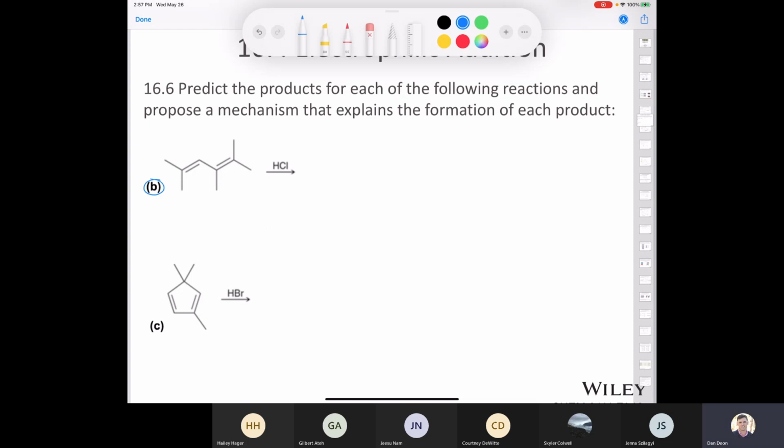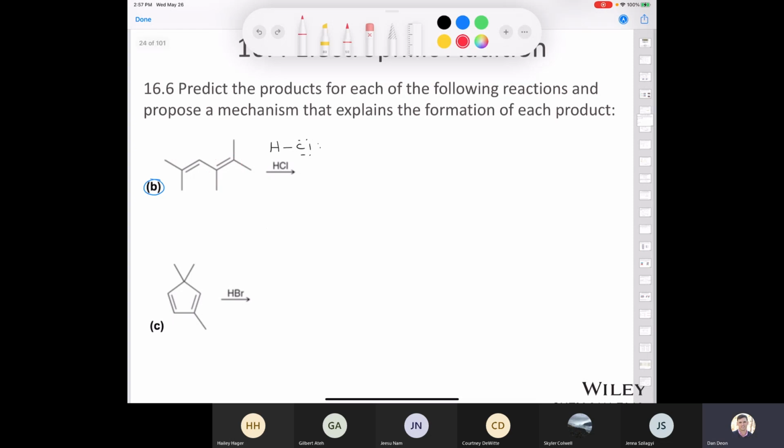All right, so what's going to happen here? First, I need to redraw my HCl molecule like this. Well, let's just start over here. Let's start with this double bond, and let's do a Markovnikov addition, right? So the rich are going to get richer. Well, if I look at the double bond here, it's tetrasubstituted.